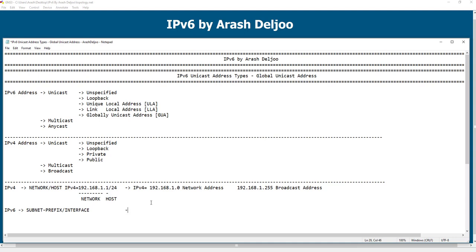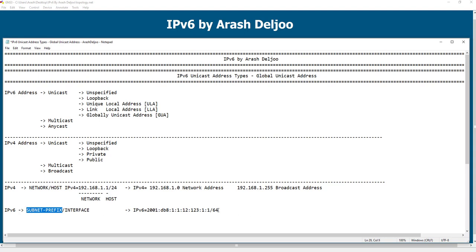Let me show you. Look at here. I want to use an example IPv6 address: 2001:DB8:11:12:123:1:1 with /64. As you can see, again in IPv6 we are using a slash number. This is the number of bits that we should use for the subnet prefix.